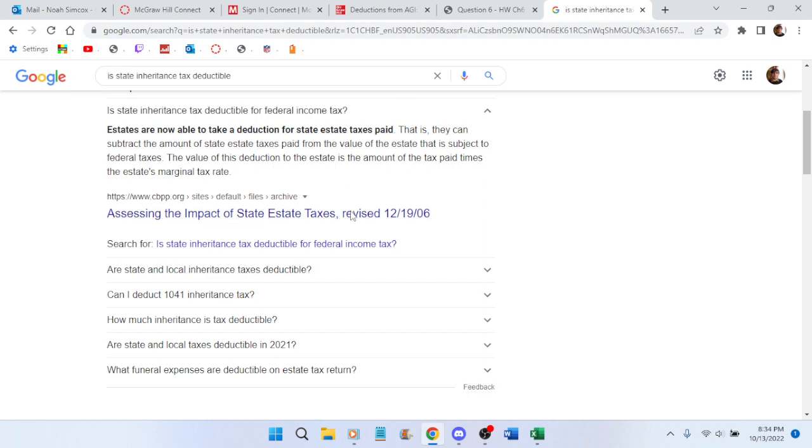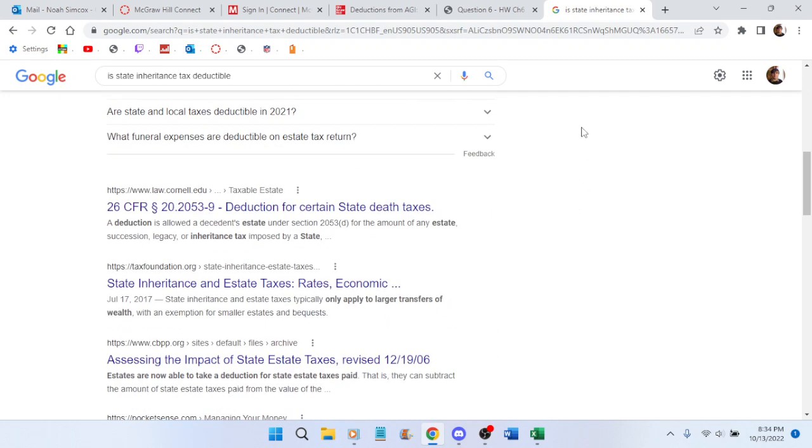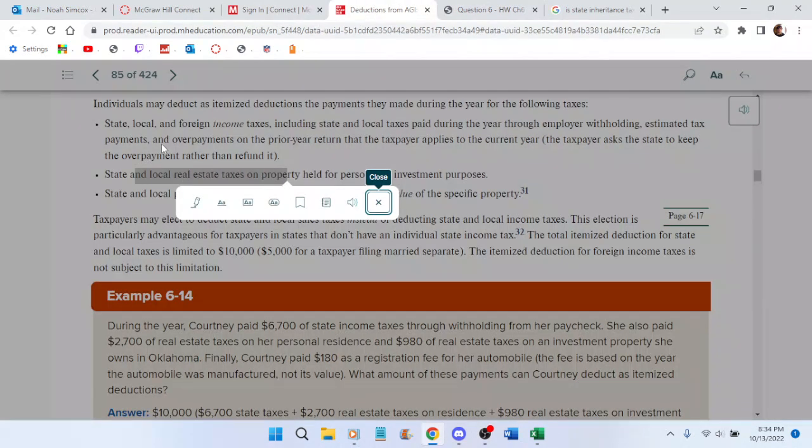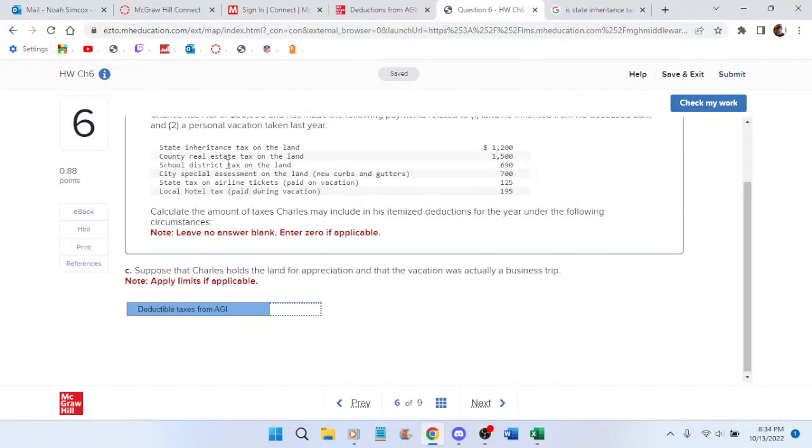Look, according to this, that doesn't answer my question. I mean, it literally calls itself a real estate tax, and this says real estate tax. So therefore, you would think that would be right.